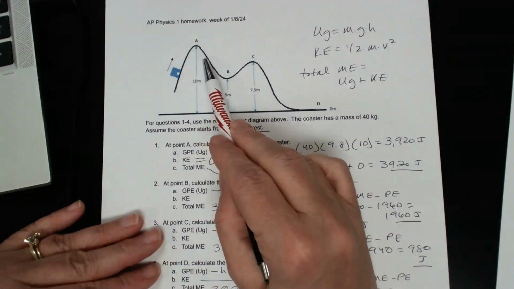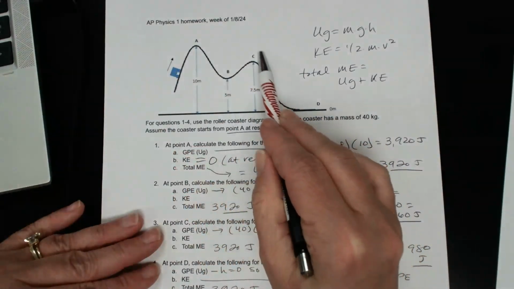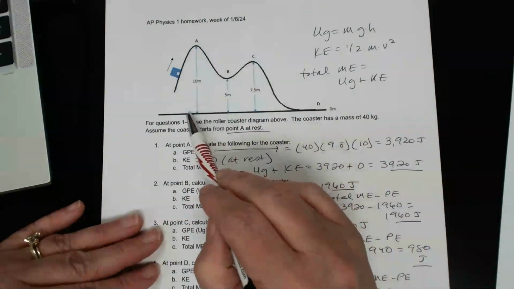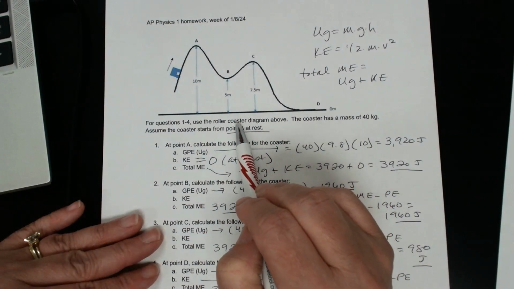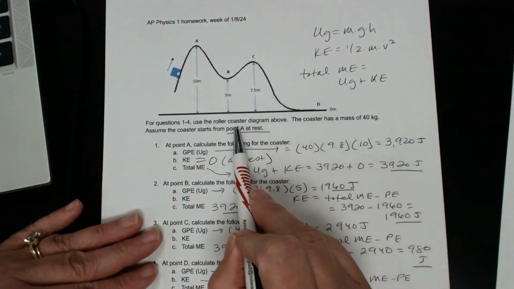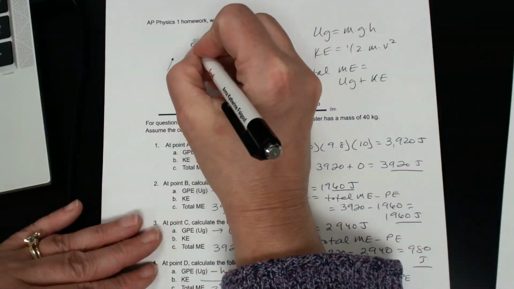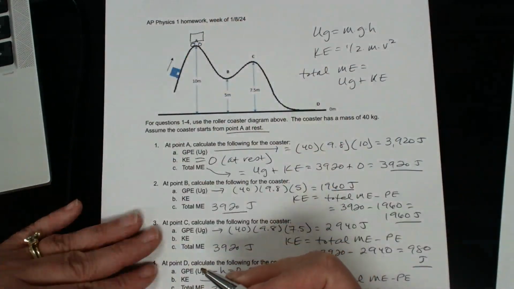We're going to assume this is an isolated system, so we're going to be analyzing the coaster car and the earth as our isolated system. We're given the mass of the coaster, and we assume it starts from this point up here, and it starts at rest.